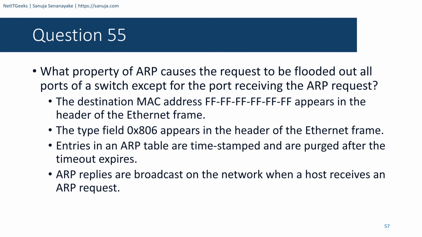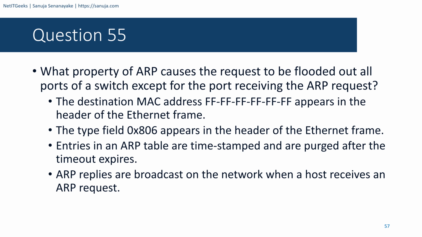What property of ARP, address resolution protocol, causes the request to be flooded out all ports of a switch except the port receiving the ARP request? So what property of ARP causes that to get flooded out on all ports except the incoming, or ingress, interface? Egress is the exit interface.